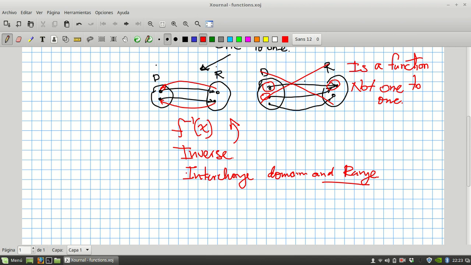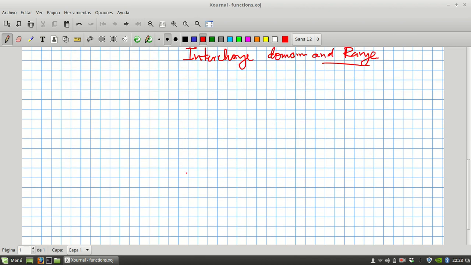In terms of graphs, what happens to the inverse? In terms of graphs, if you have a graph, let's use blue. Let me do this graph.